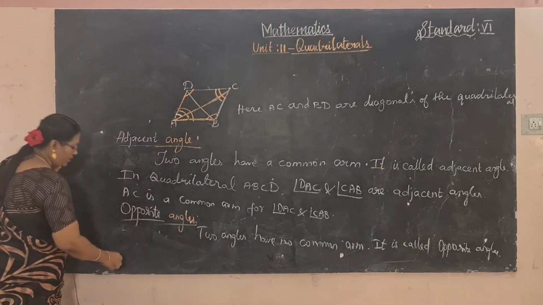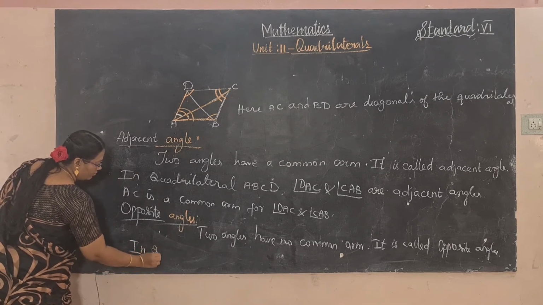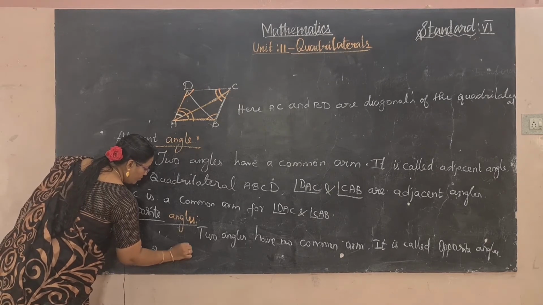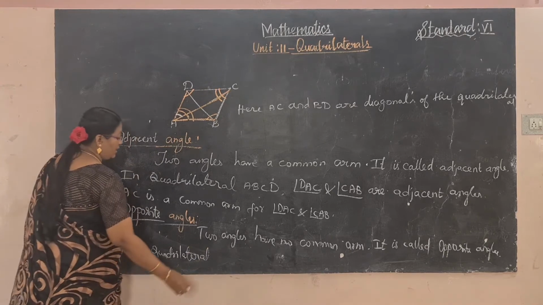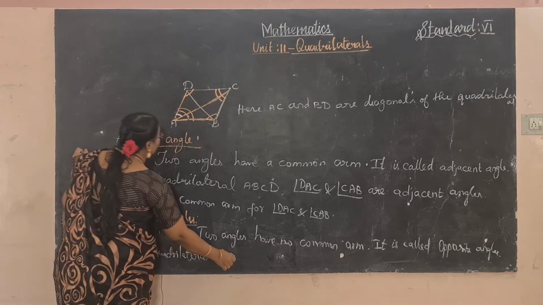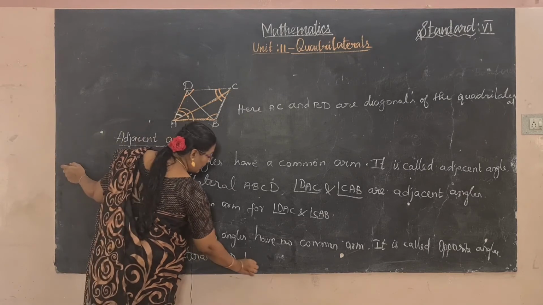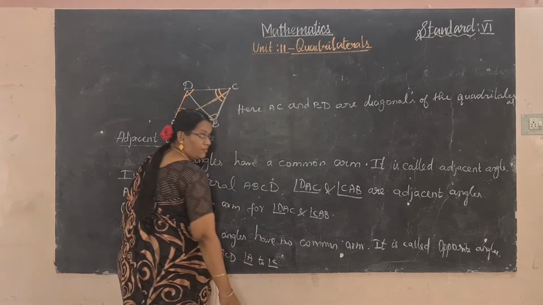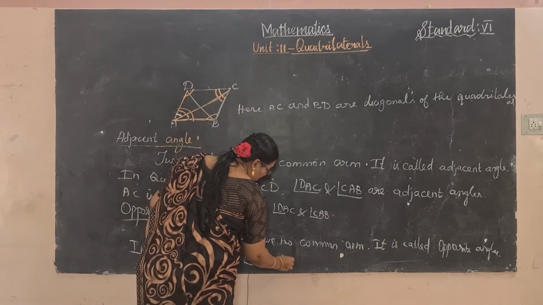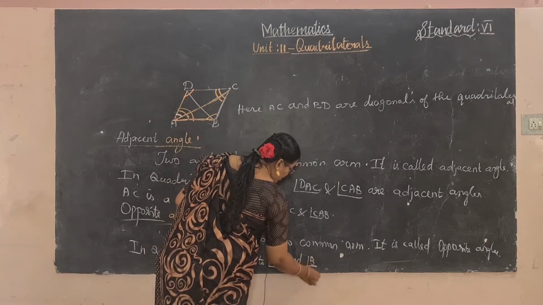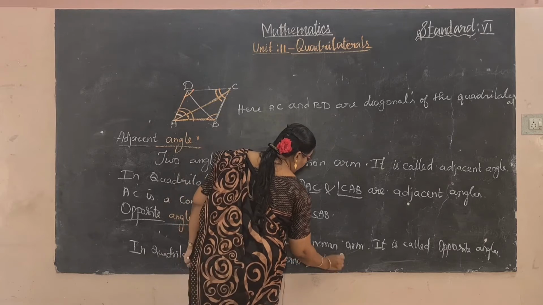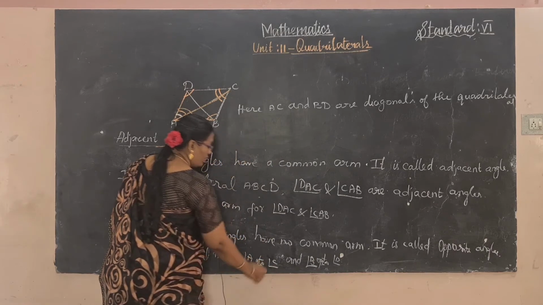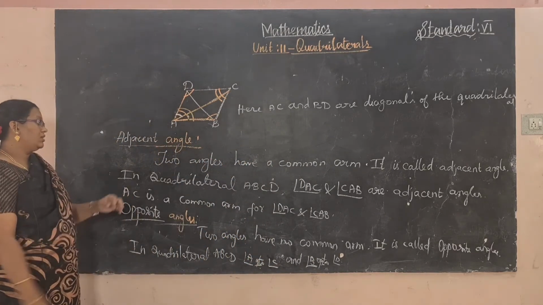Here in a quadrilateral ABCD, angle A is opposite to angle C, and angle B is opposite to angle D. That's it.